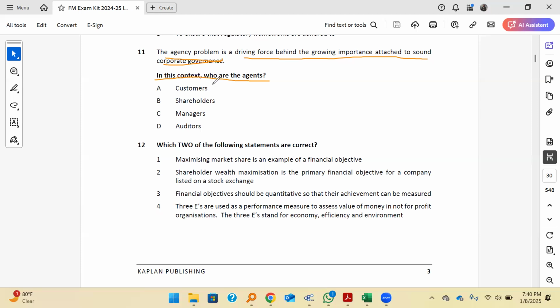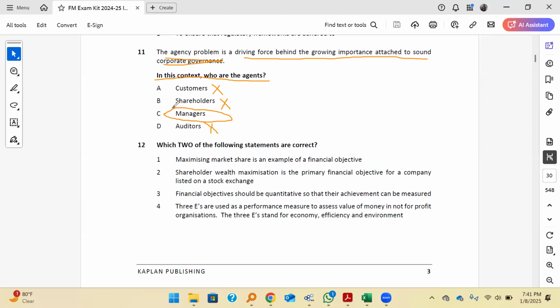Therefore, it's not the customers, it's not the shareholders, and definitely not the auditors, because auditors are just employed to come and review the books of accounts. So it's the directors, or in this case, managers, because directors and managers are sometimes used interchangeably in terms of what they are called.